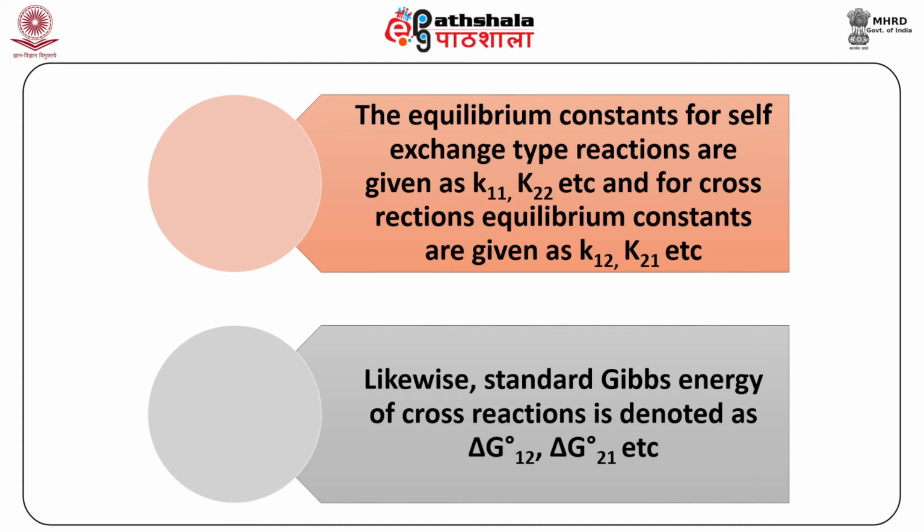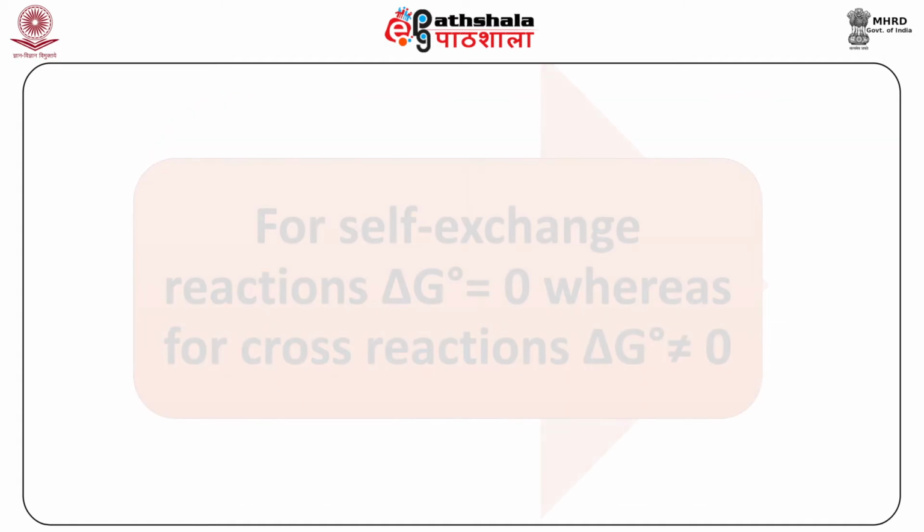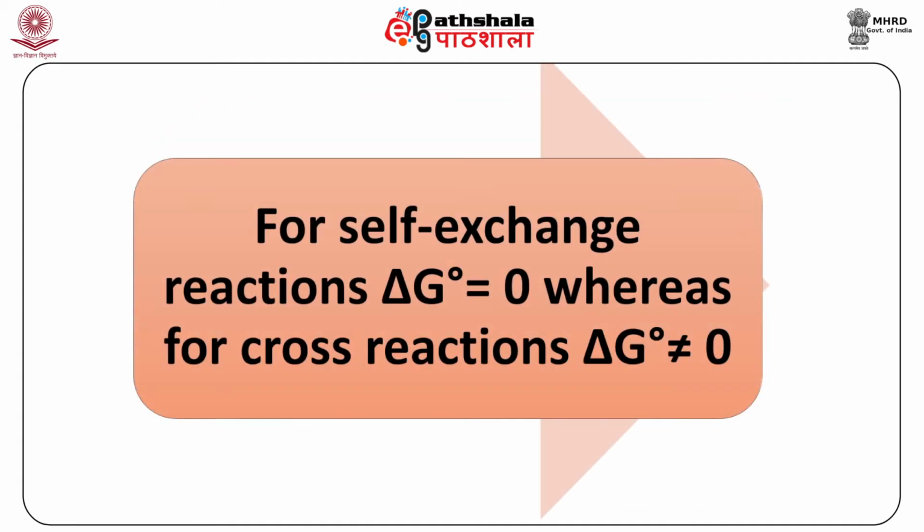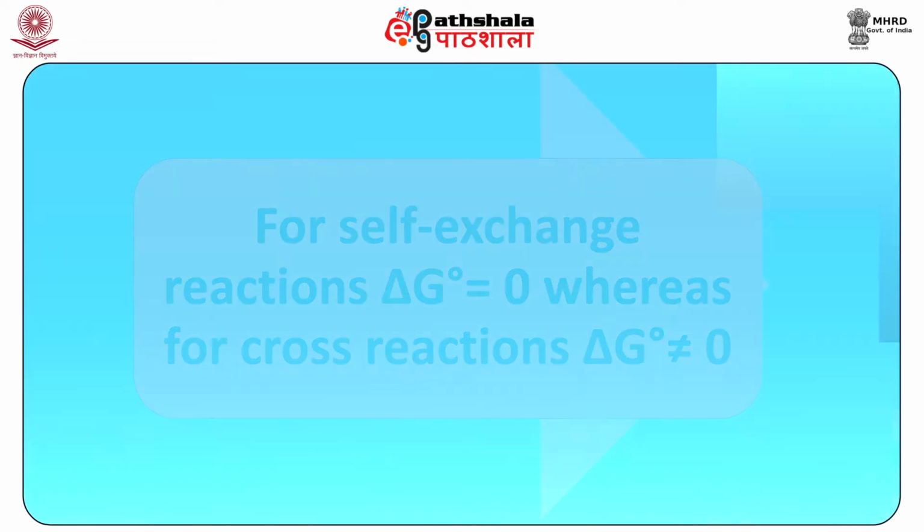Likewise, the standard Gibbs energy of the cross reaction is denoted as delta G0 12, not 11 or 22, and delta G0 21. For a self-exchange reaction, delta G0 equals 0, whereas for a cross reaction, delta G0, that is the free enthalpy, does not equal 0.